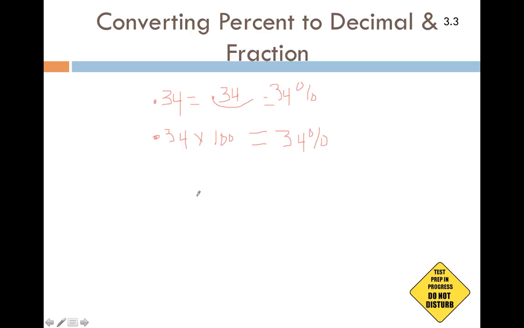Okay. Well, what if we had 72% and we wanted to convert that to a decimal? Okay, how could we convert 72% to a decimal? Okay, and how will we reverse that?